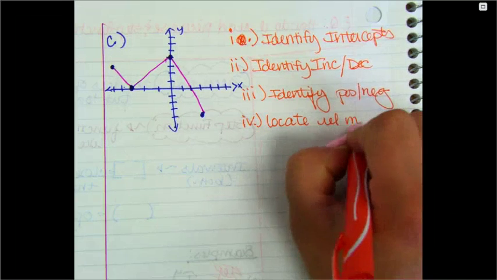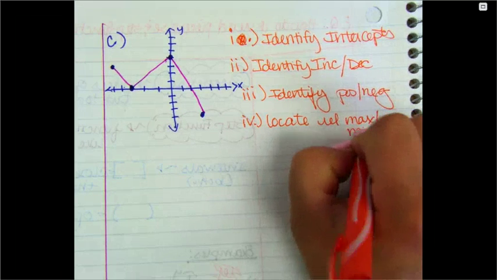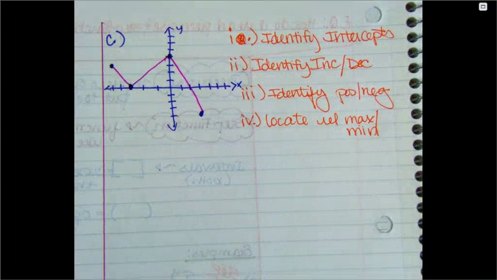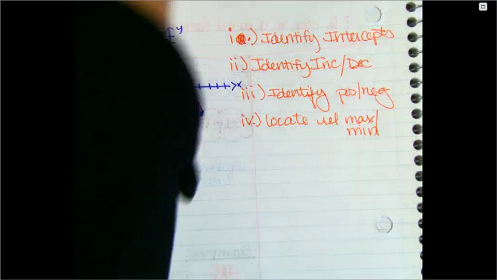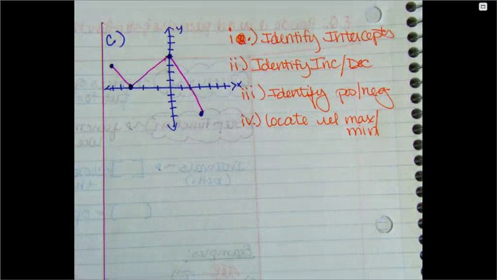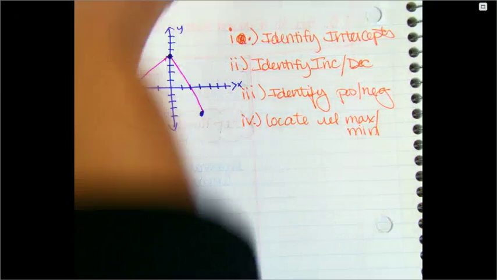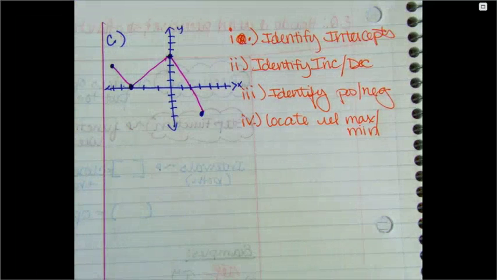And locate relative maximum or minimum. So we're going to identify the intercepts, identify increase and decrease, identify positive and negative, and locate the relative max or min.